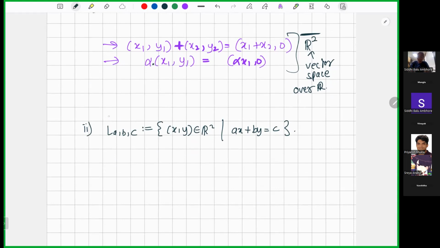Let me write this properly: a, b, c in R, and c is non-zero. This is not a vector subspace of R2. Can someone tell me why this is not a vector subspace of R2?